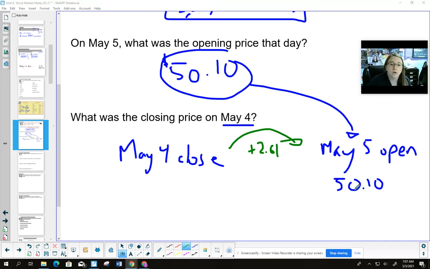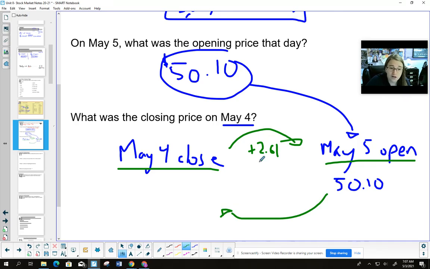So what that means is we're going in reverse. What should I do to find, I'm going backwards, this price here? Well, if I'm going in reverse, that means I want to do the opposite, right? I'm going to subtract 2.61 because if this price is up, that means yesterday was down, right?